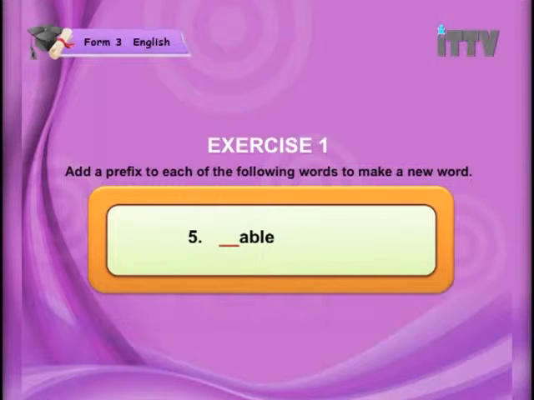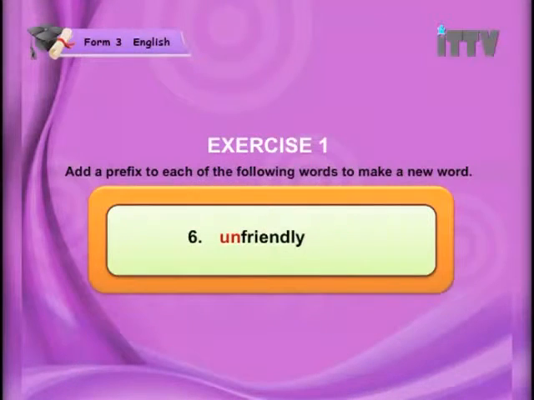The prefix, unable. Now, number 6, friendly. Oh, she's a very friendly person. So if there's a girl who's the opposite of friendly, what's a prefix? Answer, unfriendly.